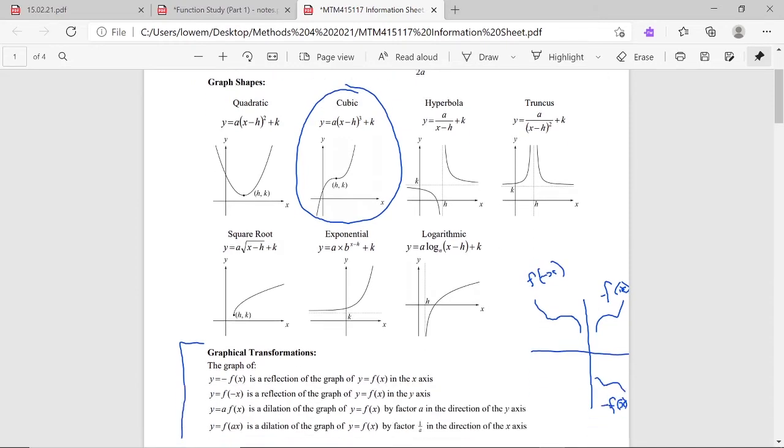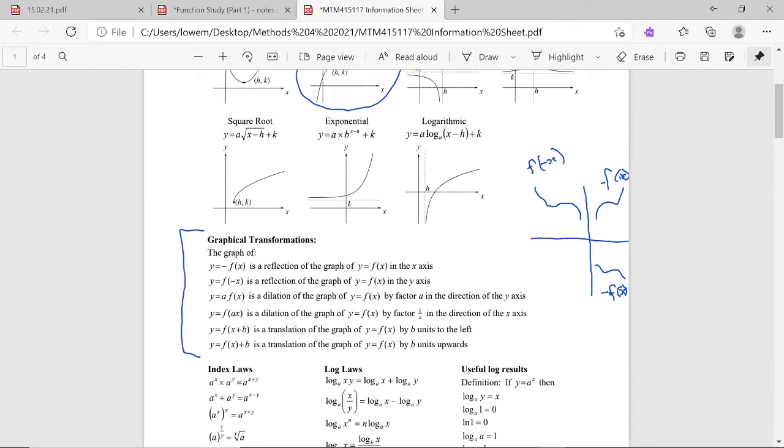That is technically a dilation of the graph by a factor of 1 over a. Even though the x is being multiplied by the a, the dilation factor is 1 over a, and the direction this time is in the direction of the x-axis. So it is that way. It's horizontally or parallel to the x-axis. You could say from the y-axis.